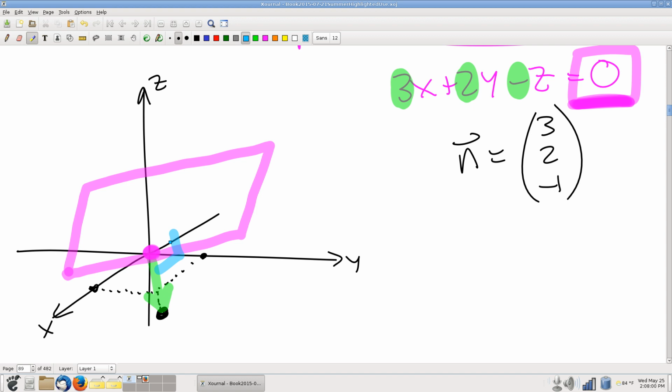Yeah, right. And I've also already indicated, well, I guess I should have written this on the picture. Let me put a 3 and a 2 and a -1 like that. So even if my normal vector here isn't perfectly drawn, there's enough information to see that what I was attempting to depict is this normal vector.